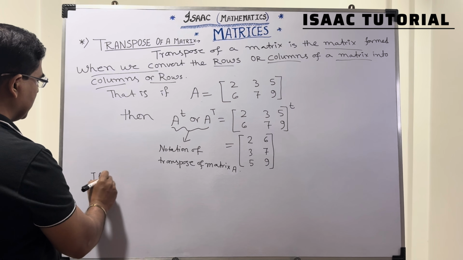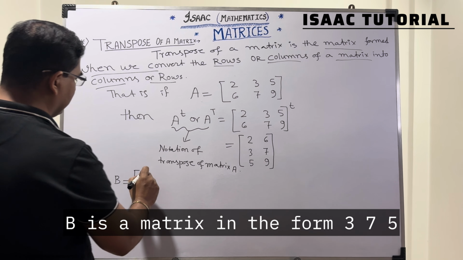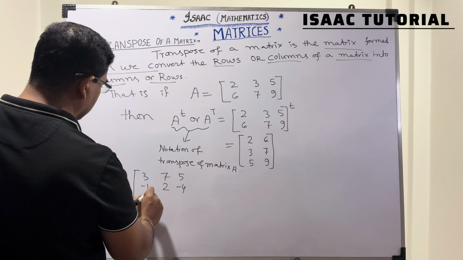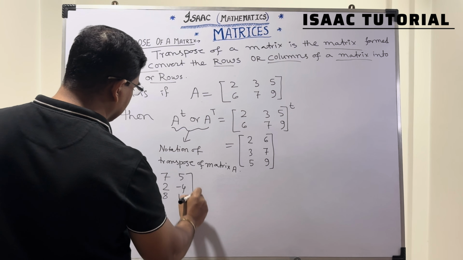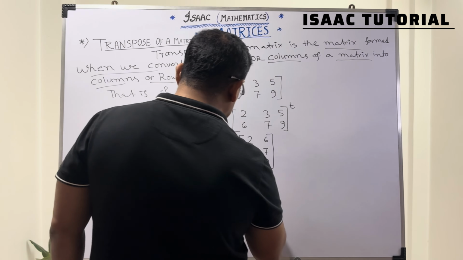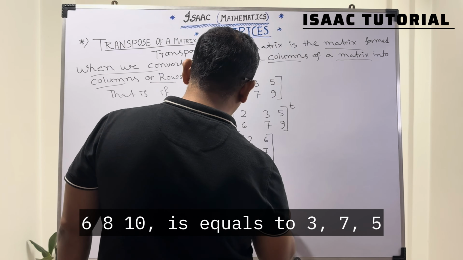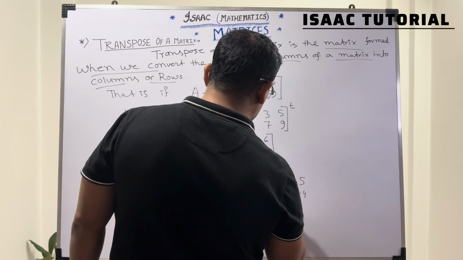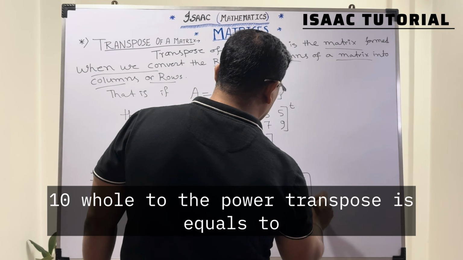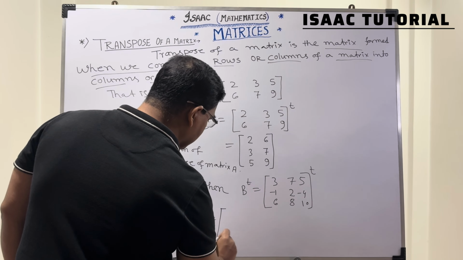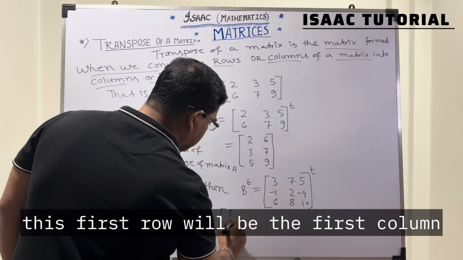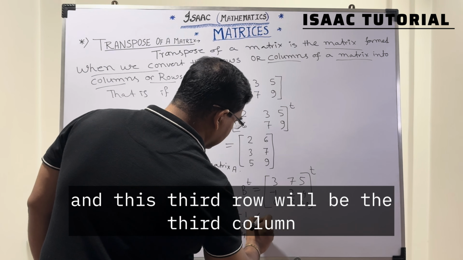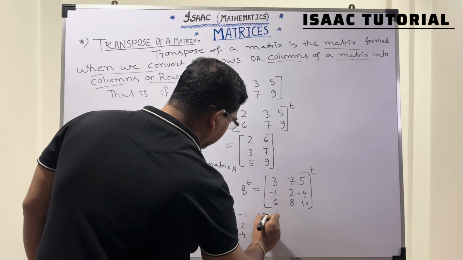Similarly, if B is a matrix in the form 3, 7, 5, minus 1, 2, minus 4, 6, 8, 10, then B transpose is equal to 3, 7, 5, minus 1, 2, minus 4, 6, 8, 10 whole to the power transpose, equal to, this first row will be the first column, the second row will be the second column, and this third row will be the third column.